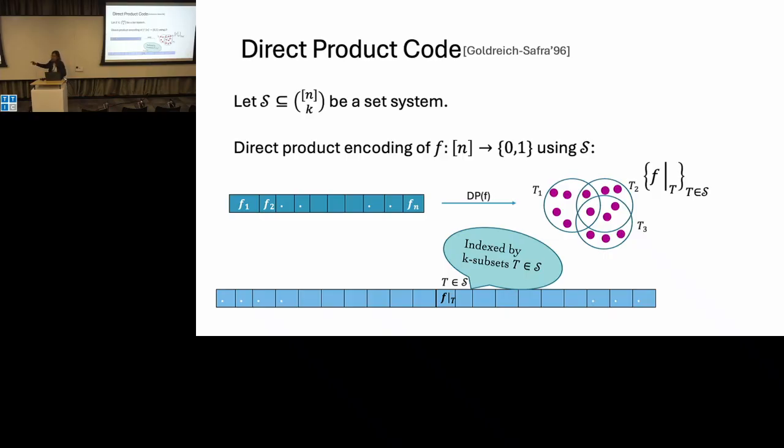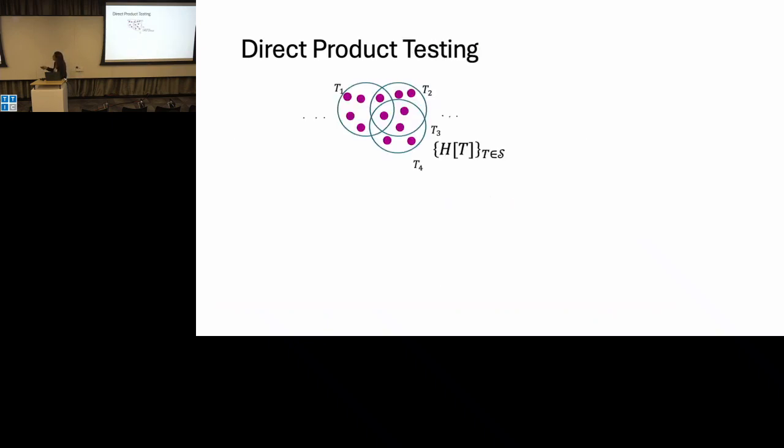Now the local testing question is: given an arbitrary table h of t, which is purported to be a direct product encoding of some function, can you locally test whether it actually is a direct product encoding?